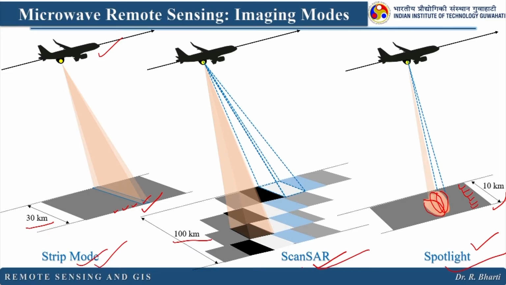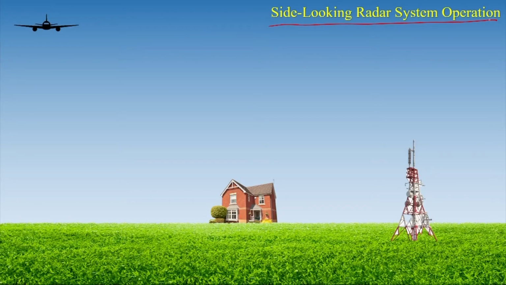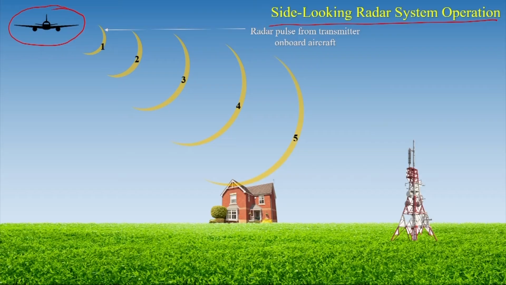In microwave remote sensing, it is interesting to know about this side looking radar system operation. Let us understand that this particular flight is carrying an active remote sensing sensor. It will start illuminating or transmitting the microwave signal, which will subsequently reach your target.